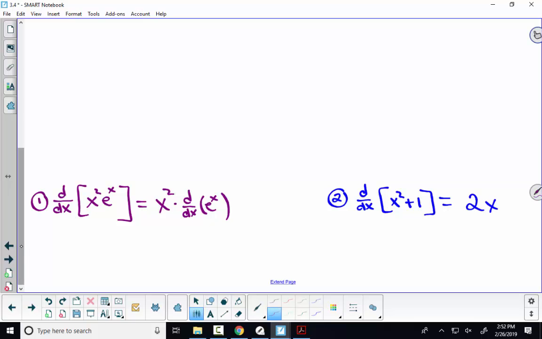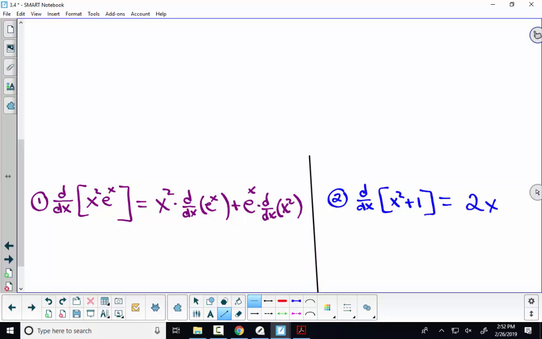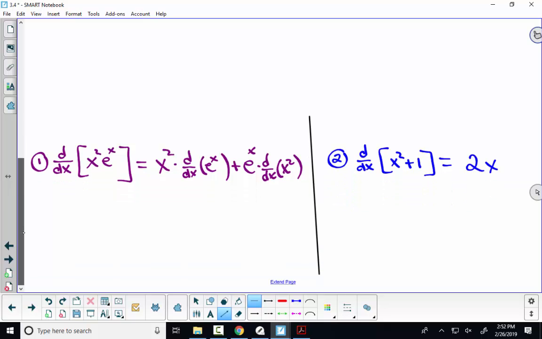So this is really where it's super important to look at these derivatives on a formula by formula basis, one step at a time. So that's the first times the derivative of the second plus the second times the derivative of the first. Sorry, it's e to the x times the derivative of x squared.